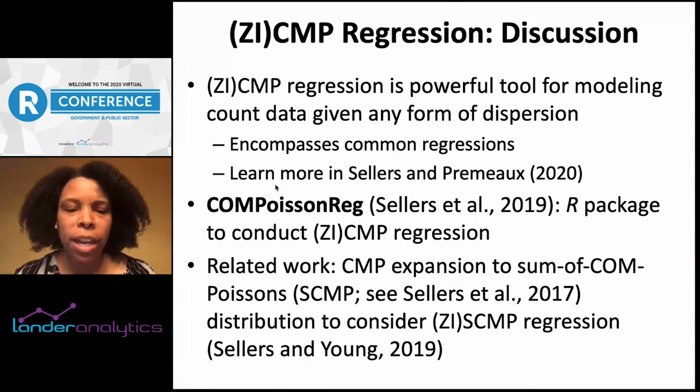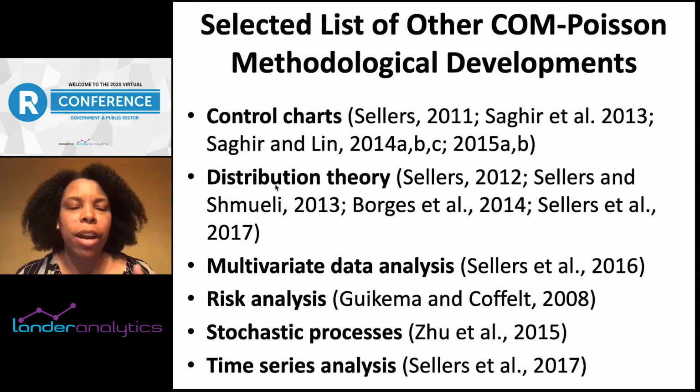More work that has since been done with regard to regression further expands to what I call a zero-inflated sum of CMPs, which contains a zero-inflated binomial, Poisson, and negative binomial as special cases. My work in the CMP does not stop here. It spreads onward to work in control charts, distribution theory, etc., as you can see here, a wide array of methodological developments.